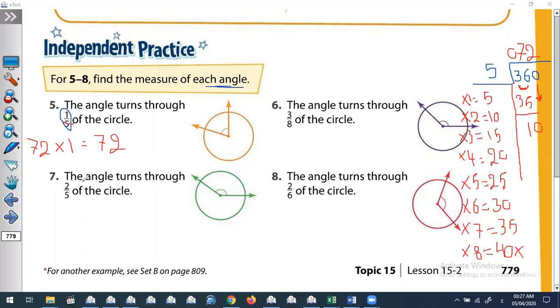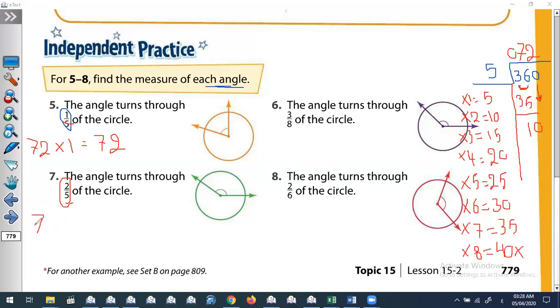Another one, the angle turns through 2 over 5 of the circle. Here we have the fraction, and we need to find the angle. As usual, divide 360 by 5 first. Already I have it, 360 divided by 5, it's 72.